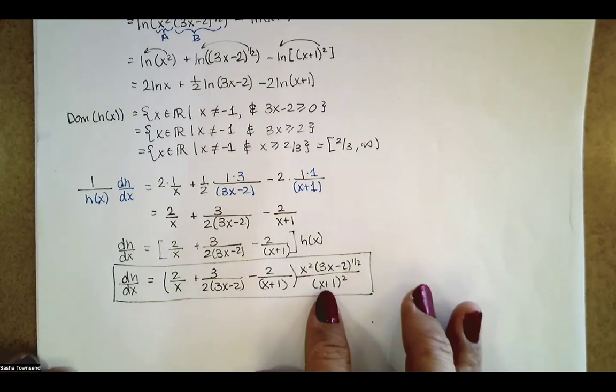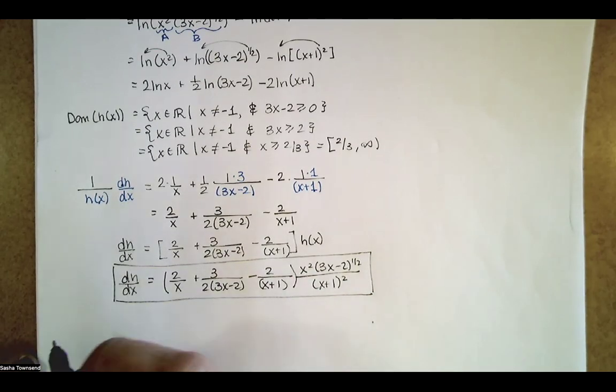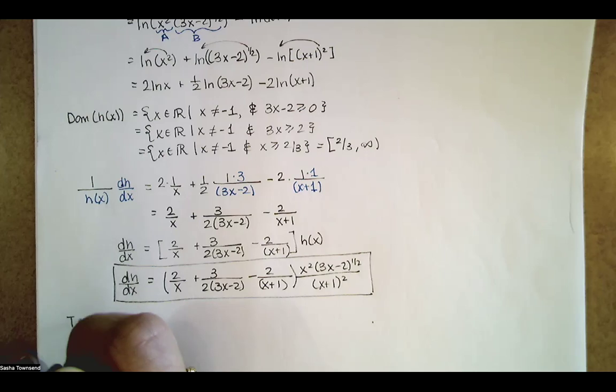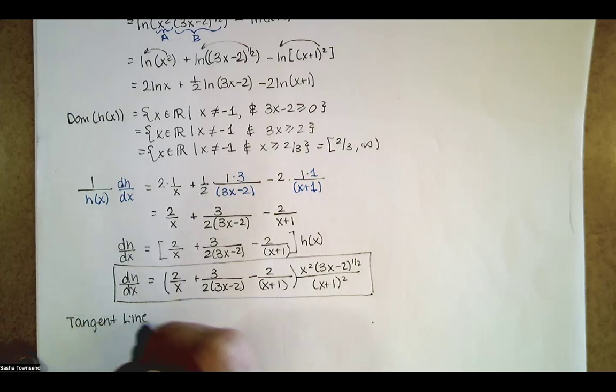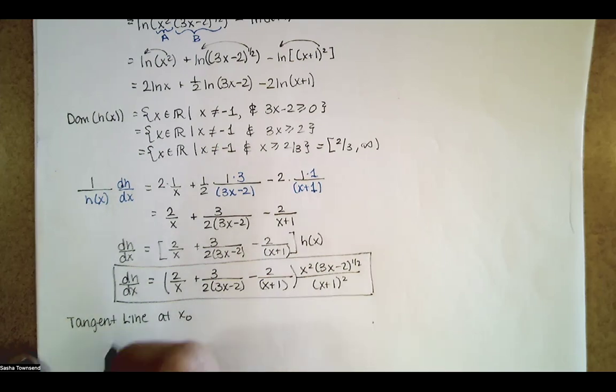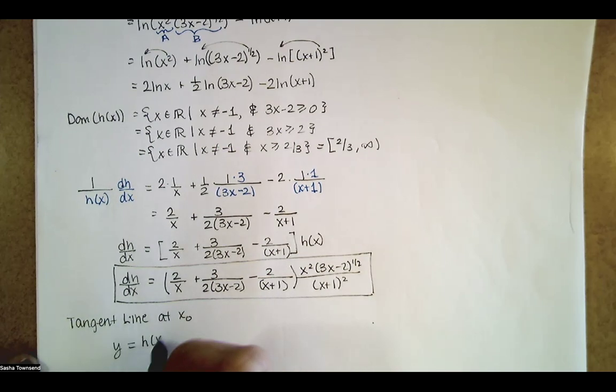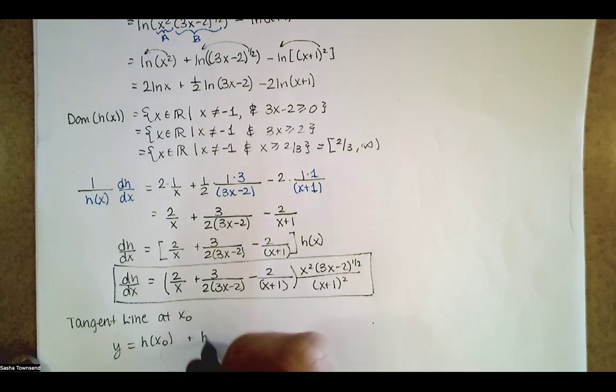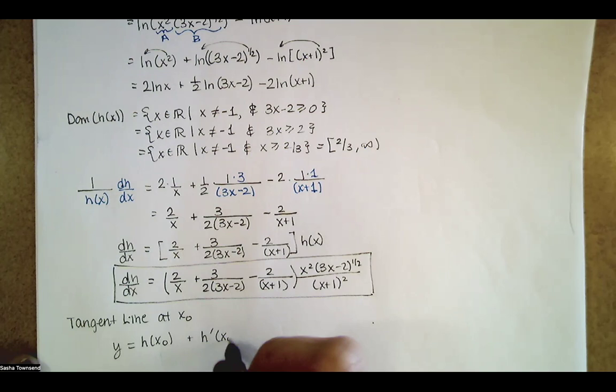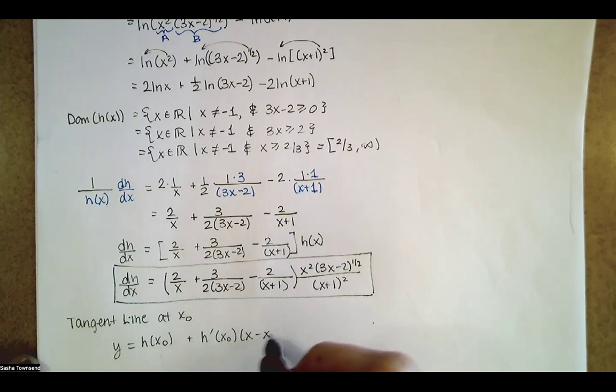So now if we want to, we can find the equation of the tangent line at any point x naught. It's going to be y equals h evaluated at x naught plus this dh dx, or h prime at x naught, times x minus x naught. So that's change in y over change in x times a change in x.